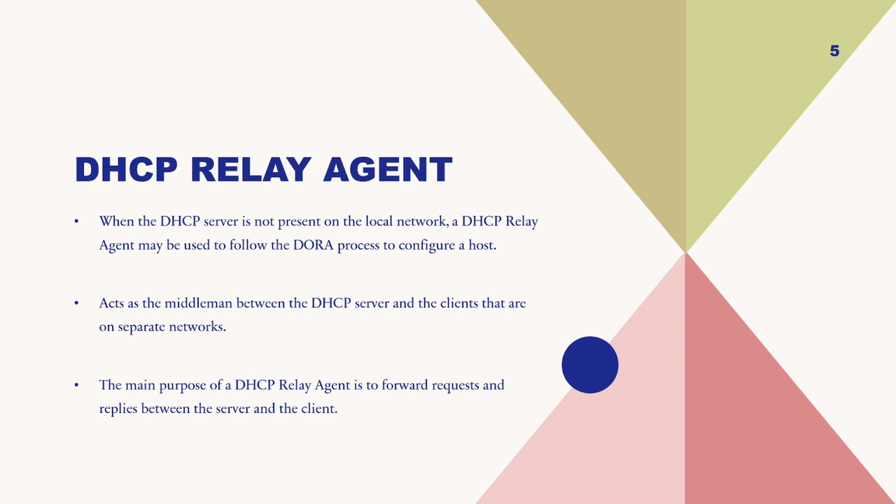The purpose of the DHCP Relay Agent is basically to facilitate communication between the host and the DHCP server. And yeah, like you see on the screen, a DHCP Relay Agent may be used to follow the DORA process to configure a host if a DHCP server is not present in the same network as the host.